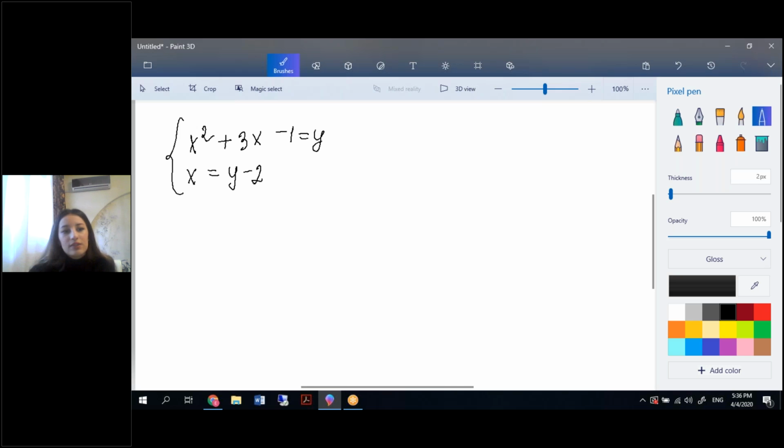Now we see that this is not a linear system of equations. The first one is quadratic. And for example, they ask how many solutions our system of equations has.